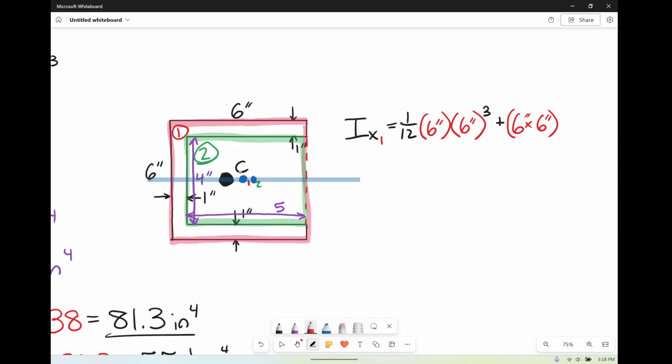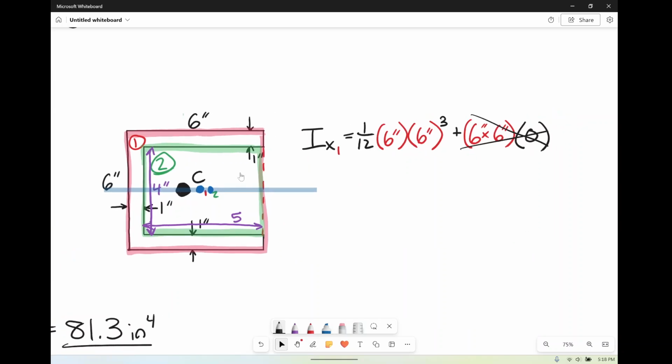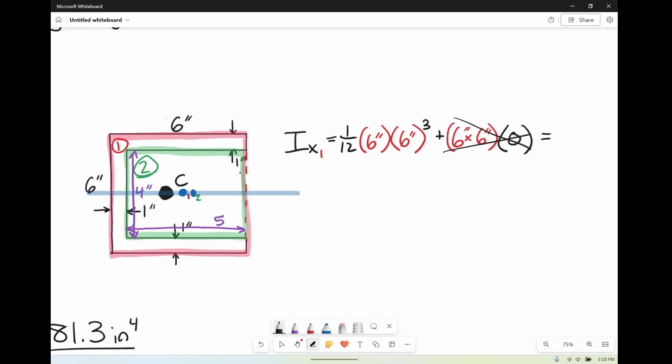Again, this is the vertical distance, which, let me remind you, is 0. They're along that blue highlighter. So it's literally just 1/12, 6 times 6 cubed, so 6 to the 4th. And what we're going to get for Ix number 1 is going to be 108 inches to the 4th.